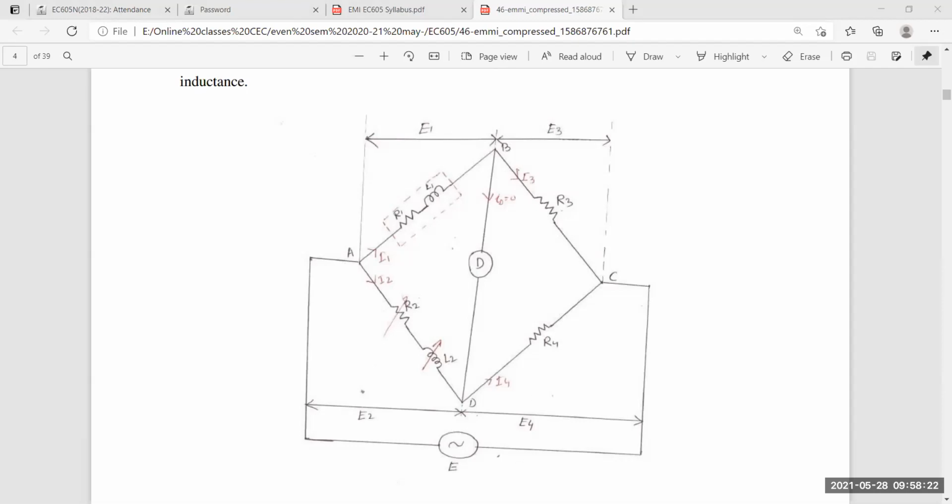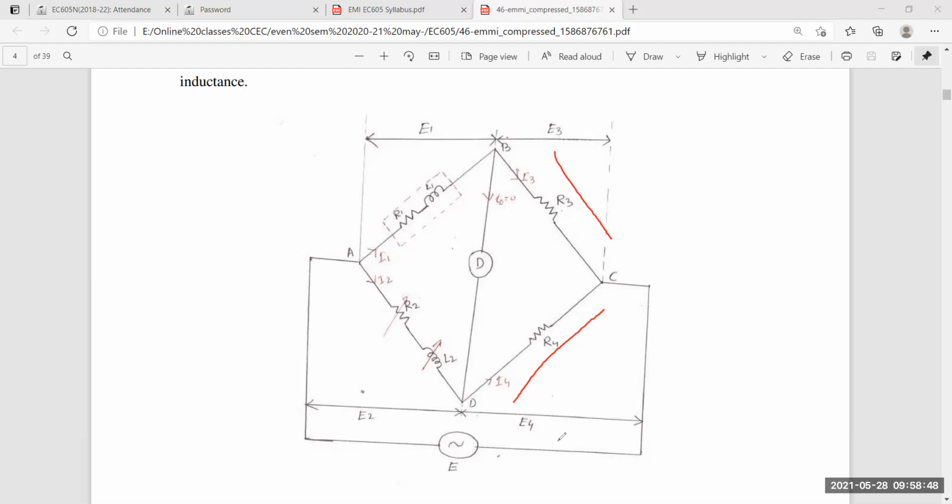See the terminal points clearly: this is A, this is B, this is C, this is D. Now, two branches, BC and CD, have non-inductive resistance.